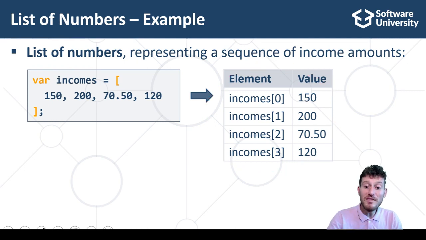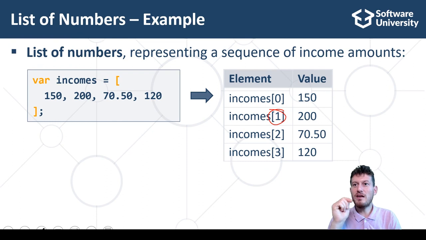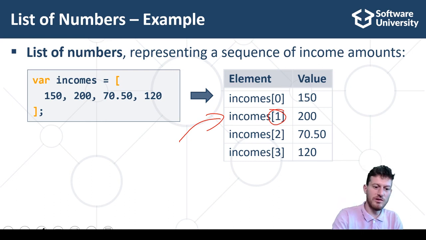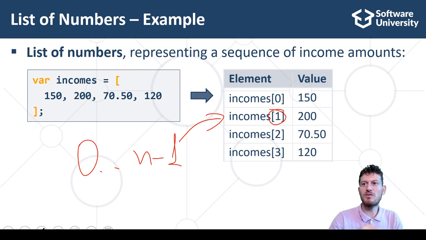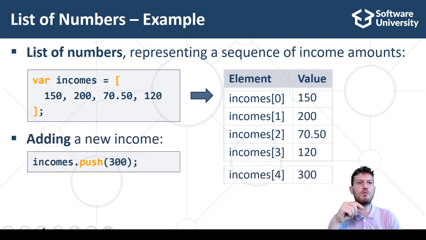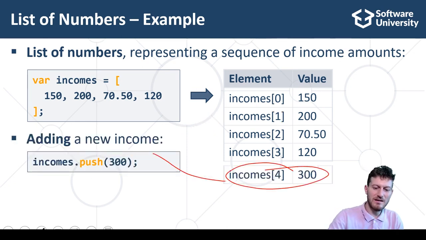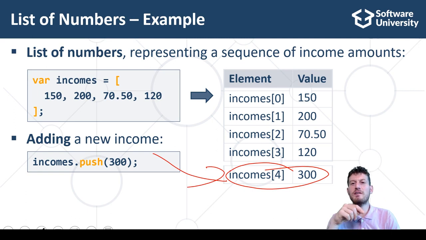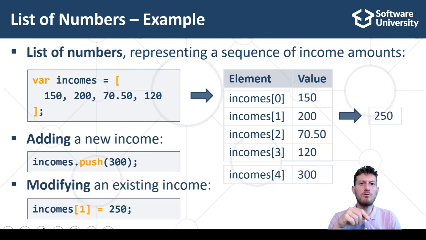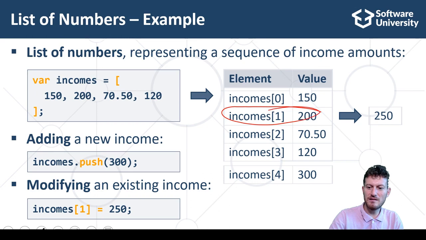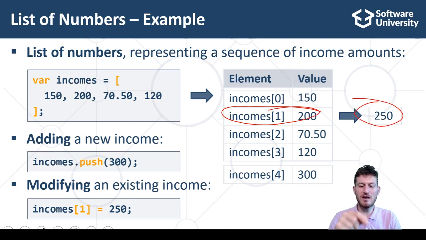It is an indexed structure. Each element has a unique index, a number in the range from 0 to the size of the list minus 1. This is how we can append a new income, and this is how we can modify an existing income by its index.